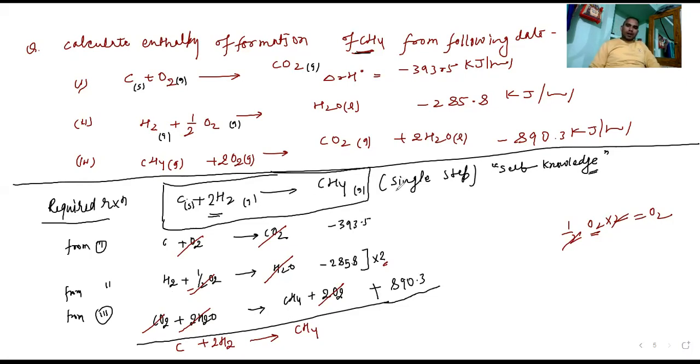So now they are asking delta H f, the enthalpy of formation of methane. So with the help of these three data, how can we calculate? See, this is minus 393.5, and this is what is there.